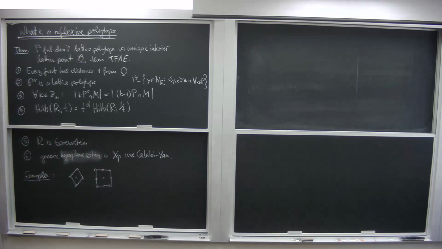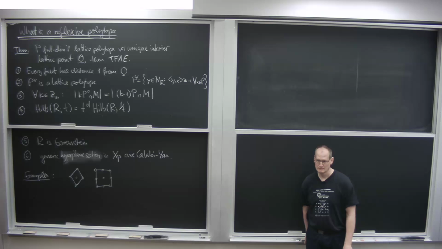You can talk to your neighbor. In dimension 3, you mean like P1 cross P1 cross P1, with O of 2, 2, 2? Ah, I see. You need it. Wait, why? Oh yeah, 2, 2. Okay. Confused about something.